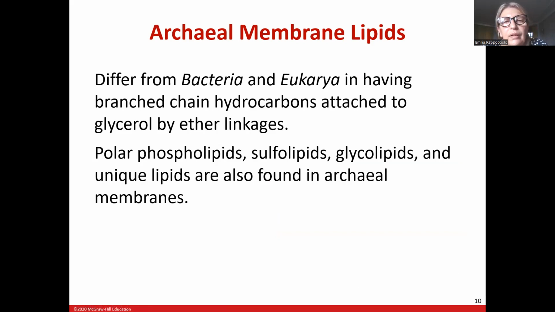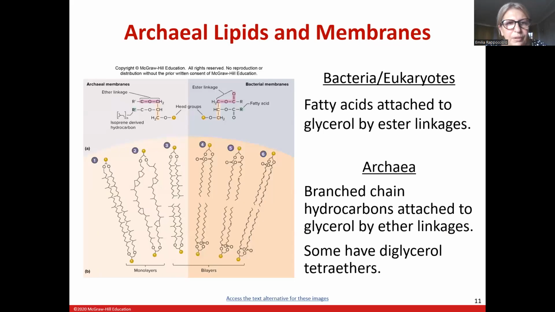So the membrane lipids are different from bacteria and eukarya because they have branched chain hydrocarbons attached to the glycerol using ether linkages. They are polar phospholipids, but you have also sulfolipids, so you have sulfur instead of phosphate. You have glycolipids, sugars instead of phosphate, and some other unique lipids found in archaeal membrane.